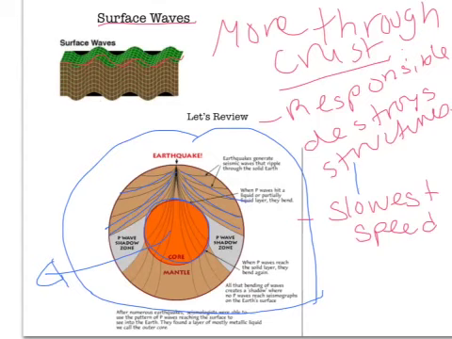We do know that the outer core is liquid, so if you look in this section right here, you would only be able to find P waves because P waves are able to travel through all types of mediums. You will not find any secondary waves within this section because this part of the core is liquid, and only primary waves, P waves, can travel through liquid.